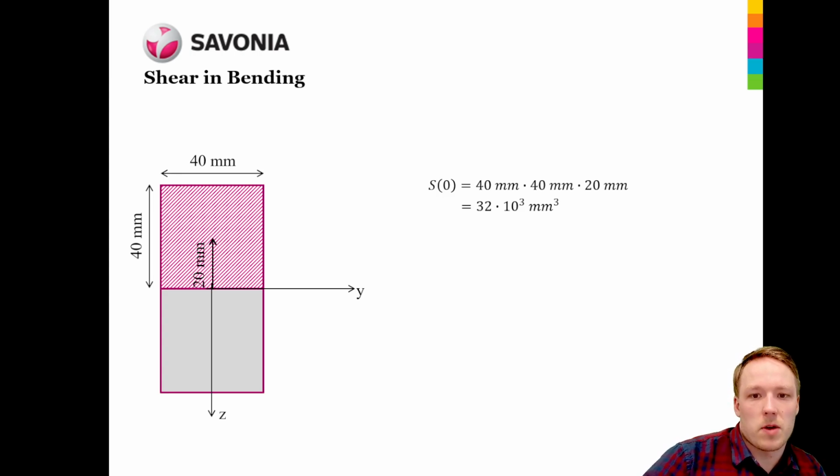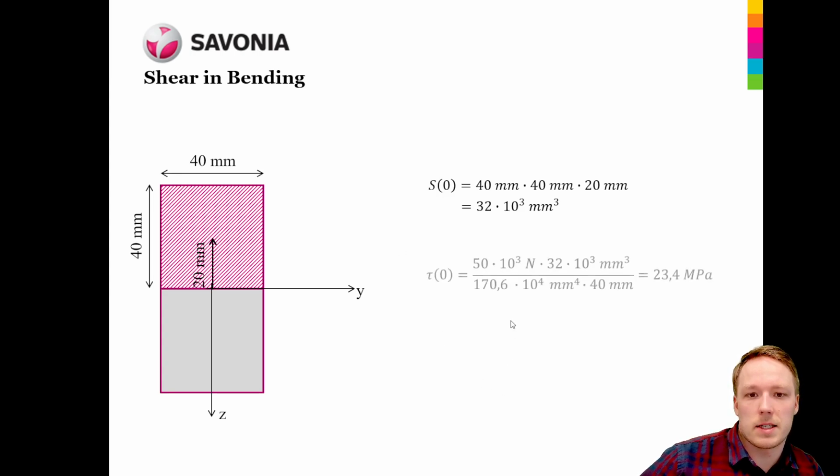Then we can do the same calculation at the middle of the profile. We do the same steps. So we first calculate S0. In this case, the area is 40 millimeters by 40 millimeters. The distance from the neutral axis to the center of the shearing area is 20. So we get 32 times 10 to the power 3 millimeters to the power 3.